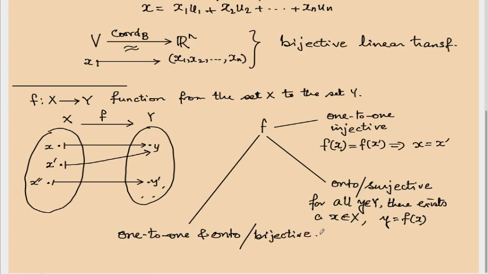So which means that not only is every element in Y an image of something, but it's the image of one and only one. So that means for each y in Y, there is a unique x in X such that y is equal to f(x).